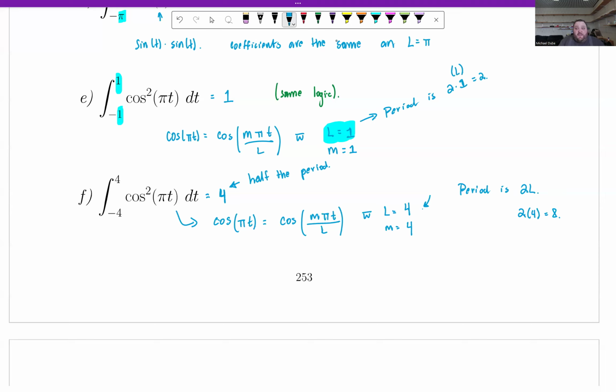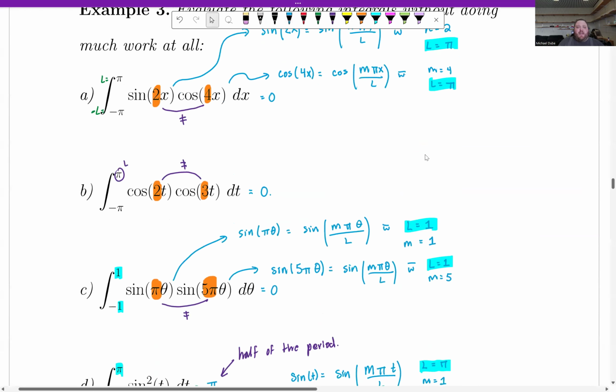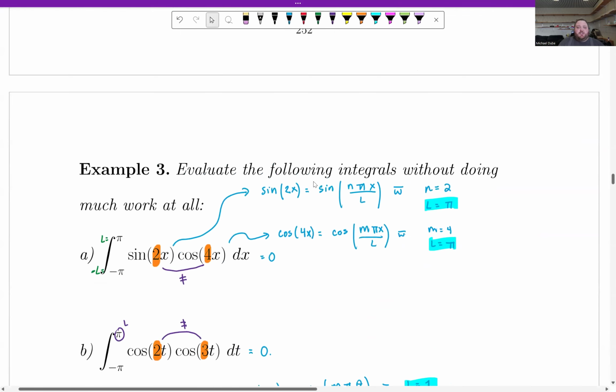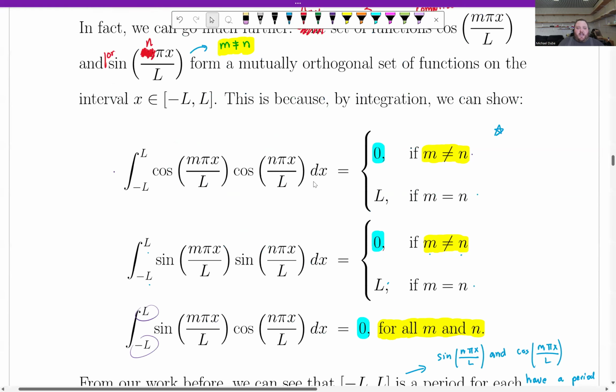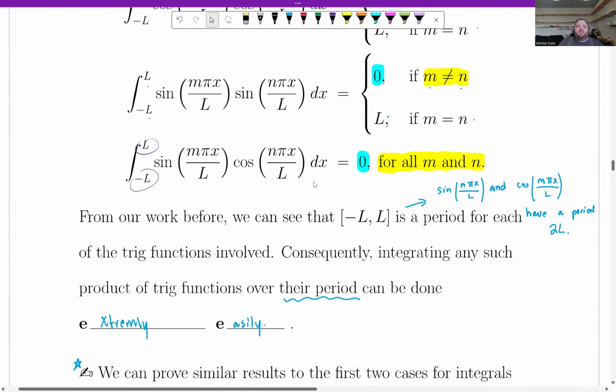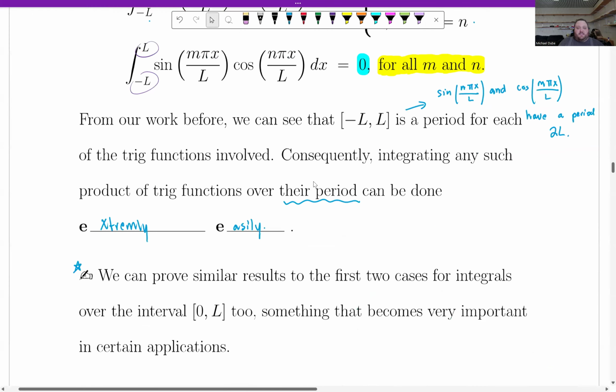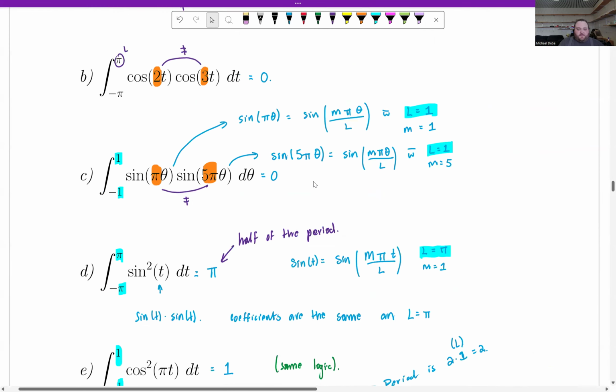But it also has a period of 8, which is what we did here in order to deal with this and having the correct bounds up here. And I'll just highlight this and this and this. Okay, cool. So what we've done here is we've evaluated some of our integrals using the integrals provided on the previous page. Okay, and these will come in handy for our next bit of this chapter.